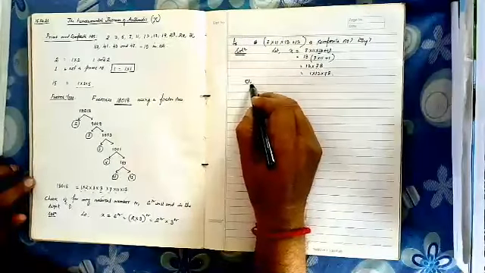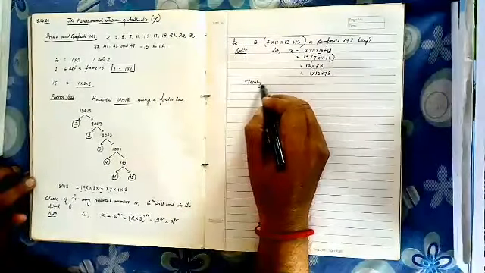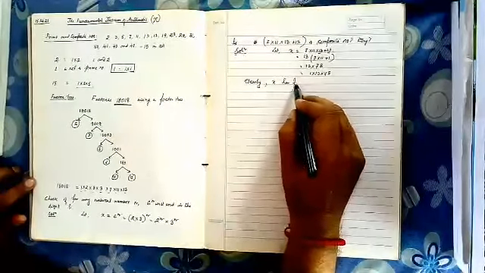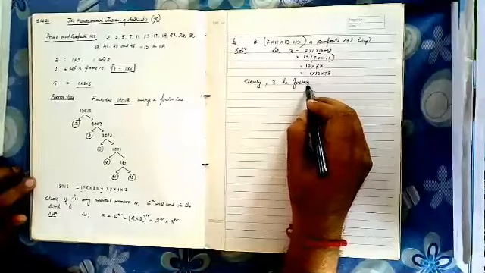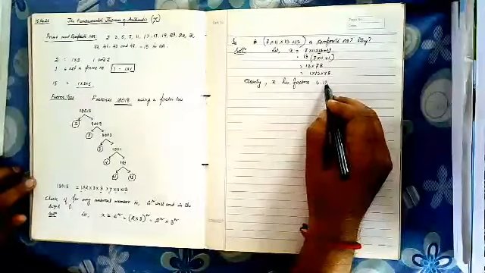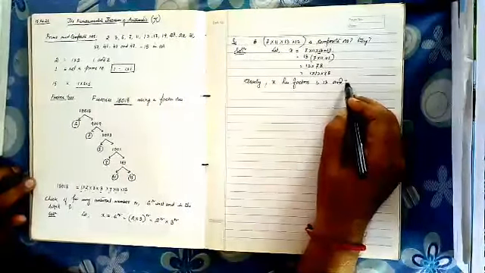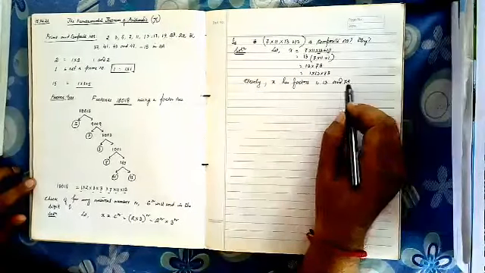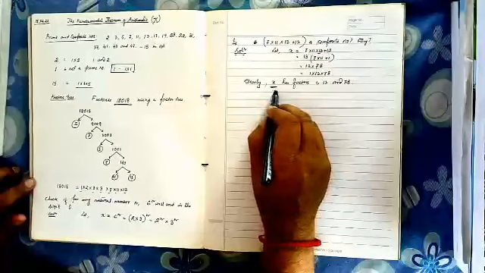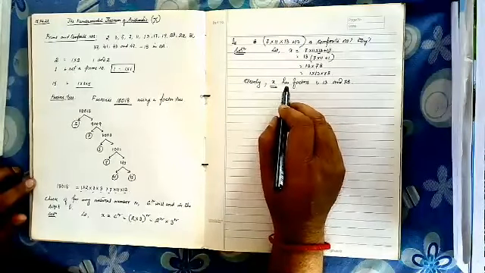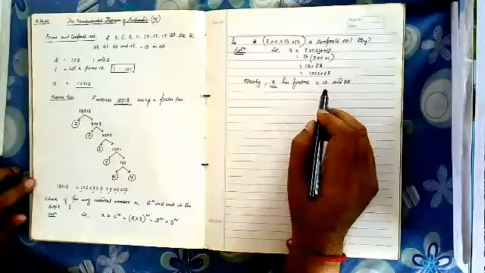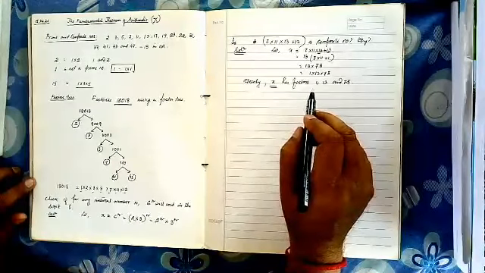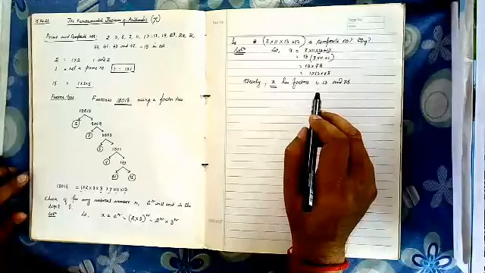Clearly, x has factors 1, 13 and 78. As x has more than 2 factors, it is a composite number.